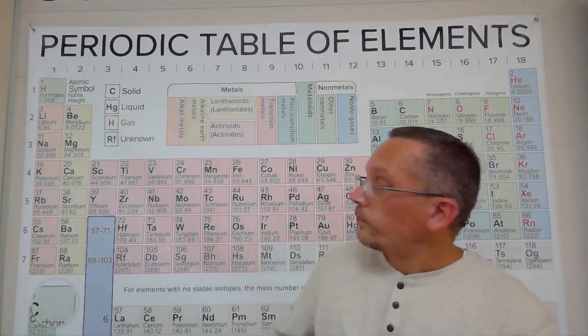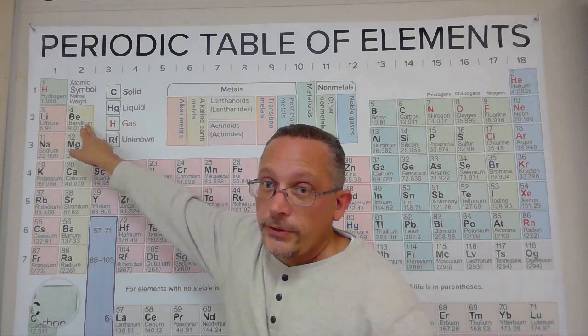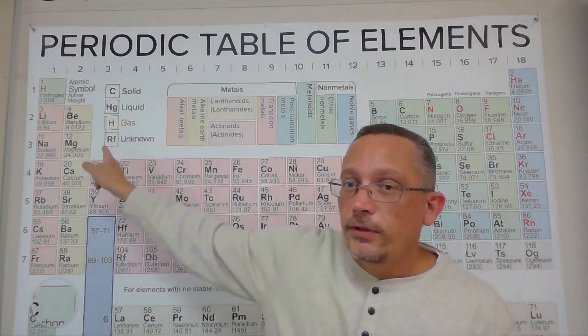But with its electron configuration, 1s2, it's much more like these ones, right? Because beryllium's last orbital will be 2s2, and 3s2, 4s2, 5s2, and so forth, right? So helium has an electron configuration much more like these ones, but it has properties much more like these ones.